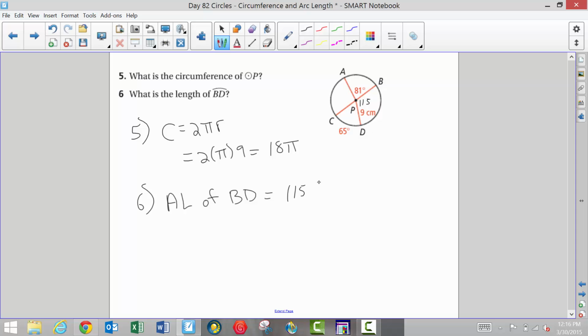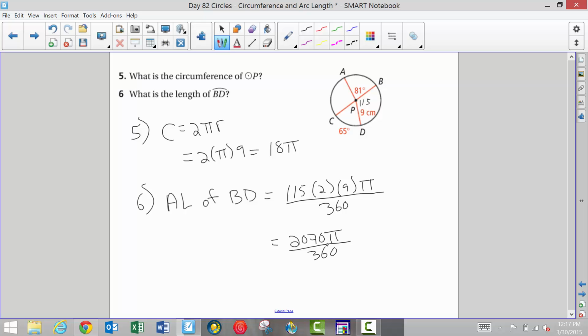So it's 115 times 2 times the radius times pi all over 360. So 115 times 2 times 9 is 2070. So I have 2070 pi over 360.